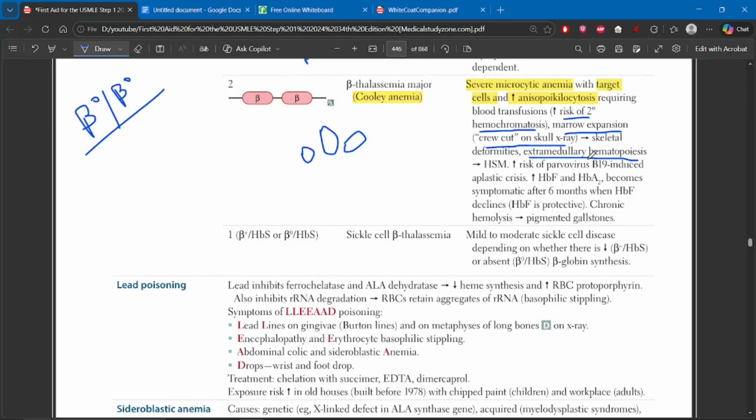Due to that, it can lead to hepatosplenomegaly, because the liver and spleen are also reticuloendothelial organs. So they are going to increase. There is going to be extramedullary hematopoiesis, so those organs are also going to carry out hematopoiesis as well. So that's the first part that you must be careful about: the reason behind the skeletal deformity is that hematopoiesis is going to be carried out in various other places other than just your bones.